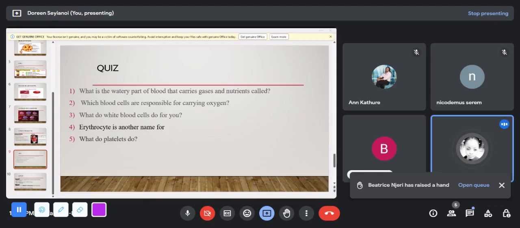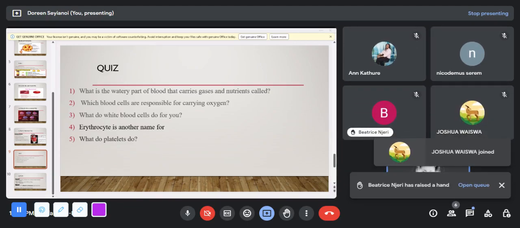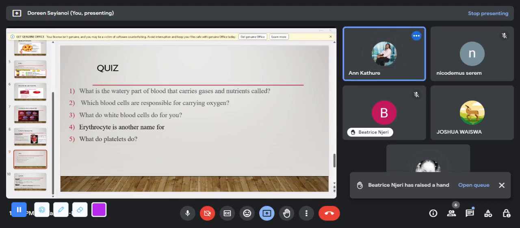Erythrocyte is another name for? Anne? Red blood cells. Yes, thank you. What do platelets do? Nicodemus?